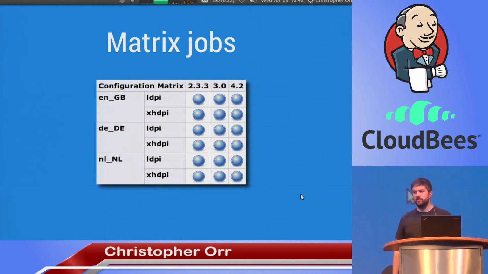Lint can help with this and give you some hints, but it doesn't catch absolutely everything. There are also some really, really subtle bugs which I've caught using this approach. For example, something that's not super well documented is that Android comes with a different version of SQLite, the built-in SQL database.